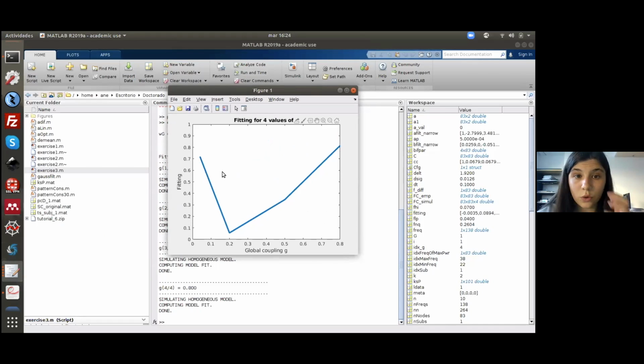Indeed, if you compare with the ones that we saw in the PDF, there are some little changes. But you can see here that we have the 4 points, 0.02, 0.04, 0.5, and then 0.8. So you can see different values, mainly here.